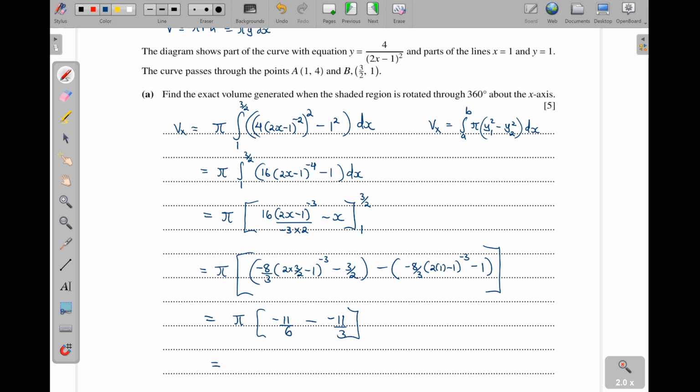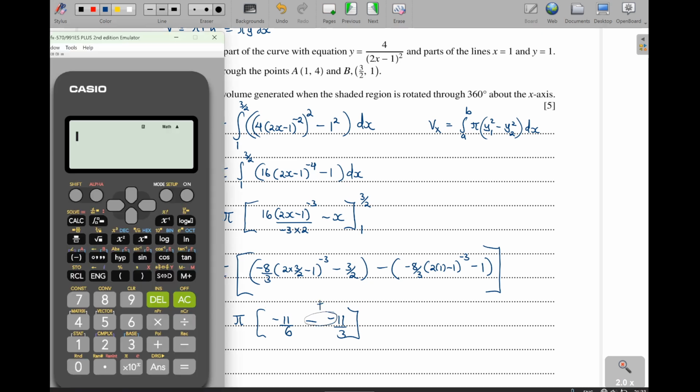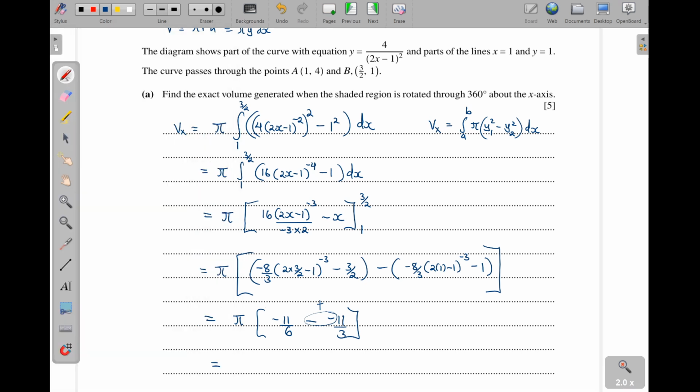So altogether, what do we get? Of course, this one here is going to turn out to be a positive. So negative 11 out of 6, then plus 11 out of 3. That is 11 out of 6. So we have 11 out of 6 of pi. That will be our volume generated.